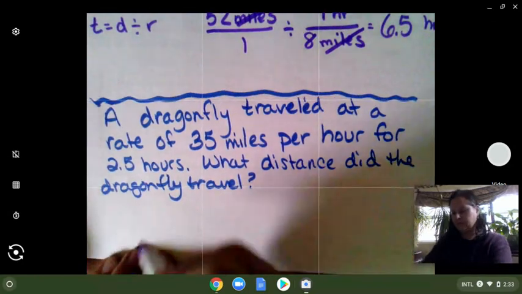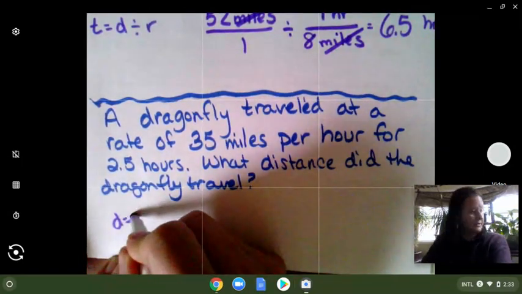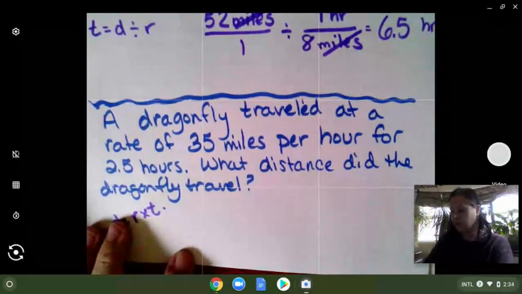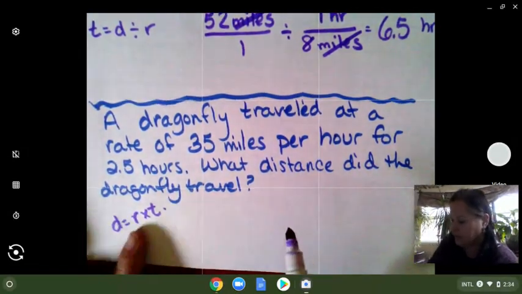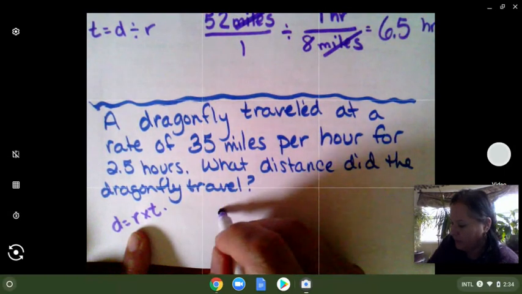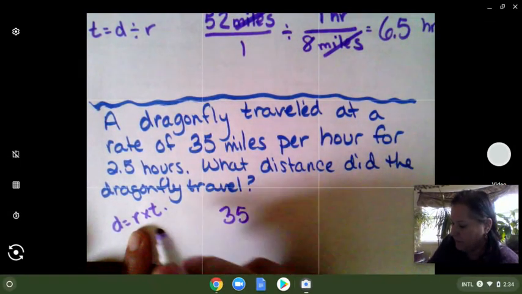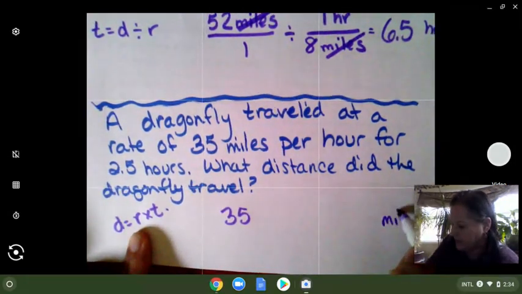Okay, distance equals rate times time. Okay, so we're going to do our rate. That's the speed, 35 miles per hour. And I want miles because the distance needs to be, so I look to see, remember what's going to be in my answer.